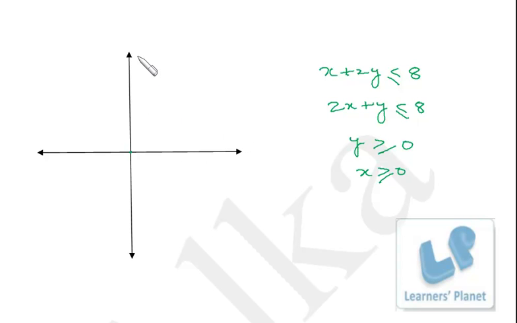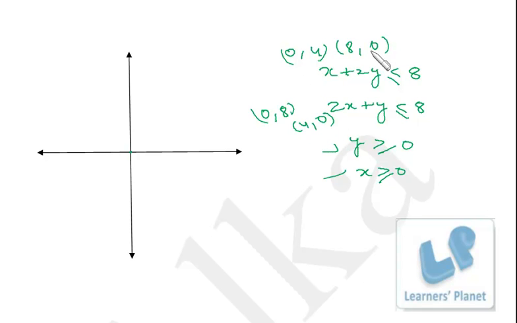Okay, so these two are solved. Now we have to take these two one by one. So when x plus 2y is equal to 8, I just draw the line. When x is 0, y will be 4, and when y is 0, x will be 8. Over here, when x is equal to 0, y is equal to 8, and when y is equal to 0, x is equal to 4.